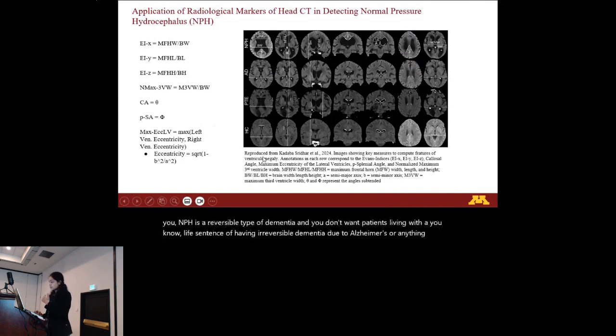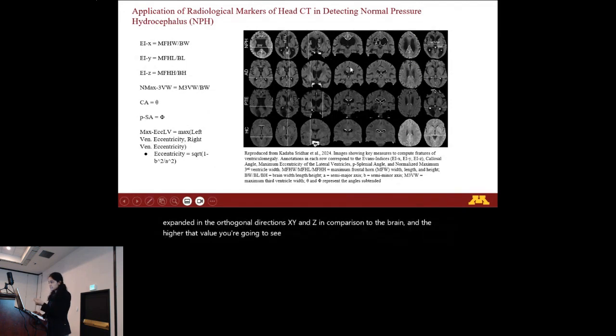So using interpretable features, we have 7 of them that you can see. All of these capture ventricular expansion in a sense. The first 3 columns correspond to what are called the Evans indices. They capture how much your ventricles have expanded in the orthogonal directions X, Y, and Z in comparison to the brain. And the higher that value, the more hydrocephalus you're going to see.